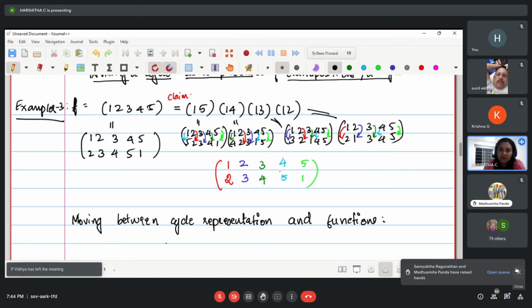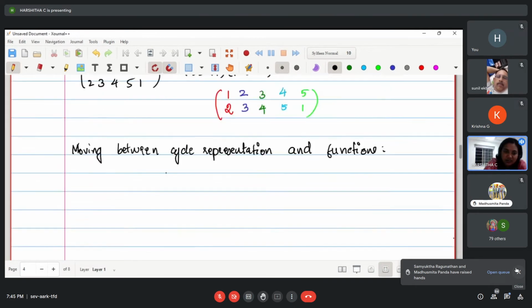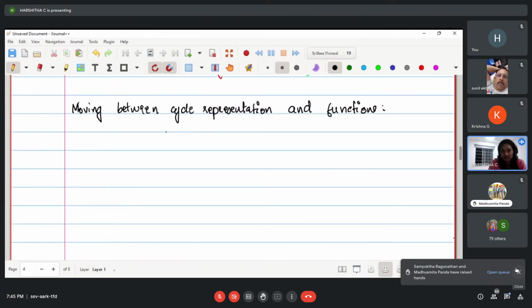See, basically a permutation is a function, right? So what do you mean by a function? You have some numbers. Here the set was 1, 2, 3, 4, 5. And a function means to every element in this set, you're assigning some other element in the same set.